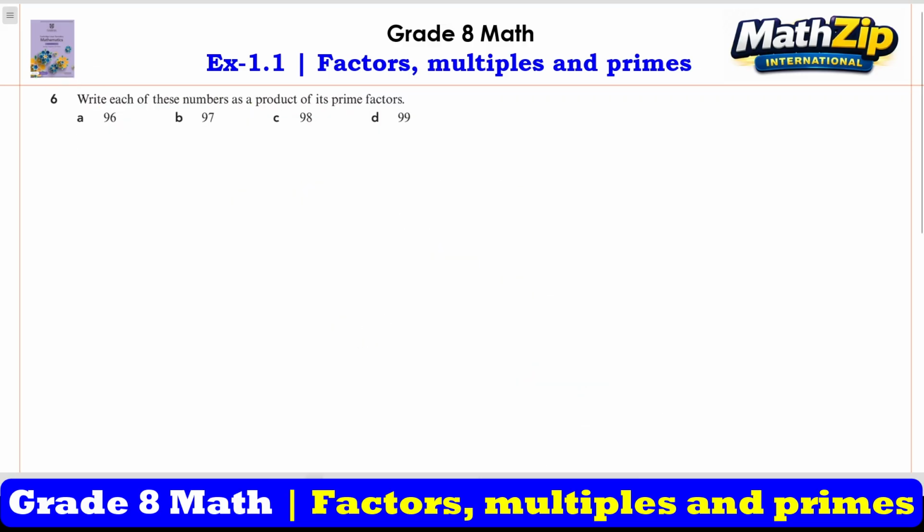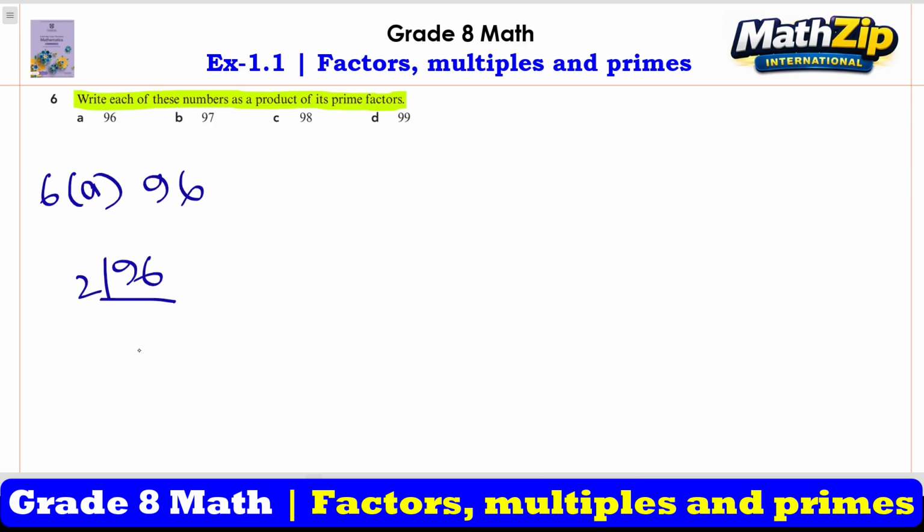Number 6. Write each of these numbers as a product of its prime factors. 6a, 96. 96 we can divide by 2, so we get 48. Divide by 2, 24.